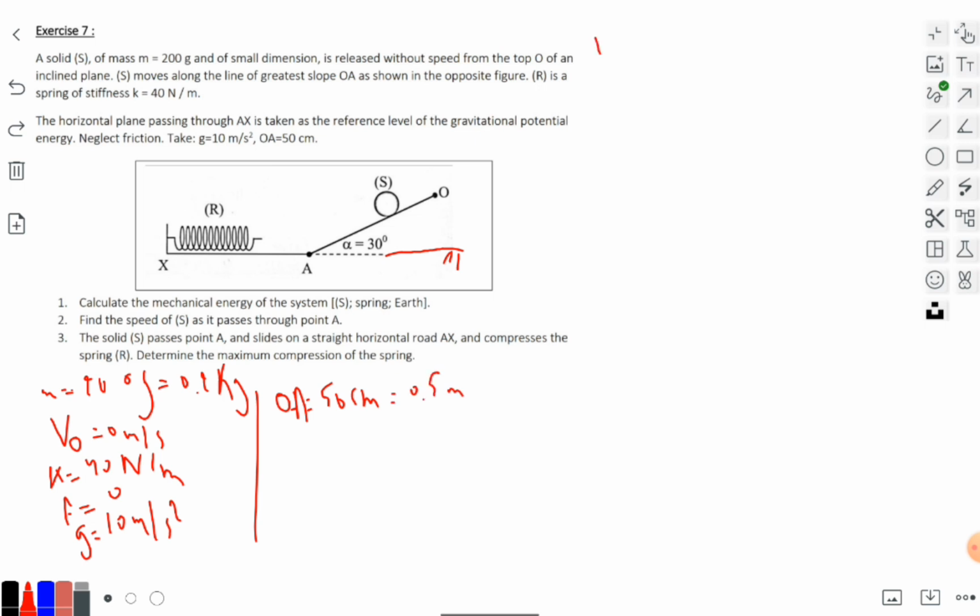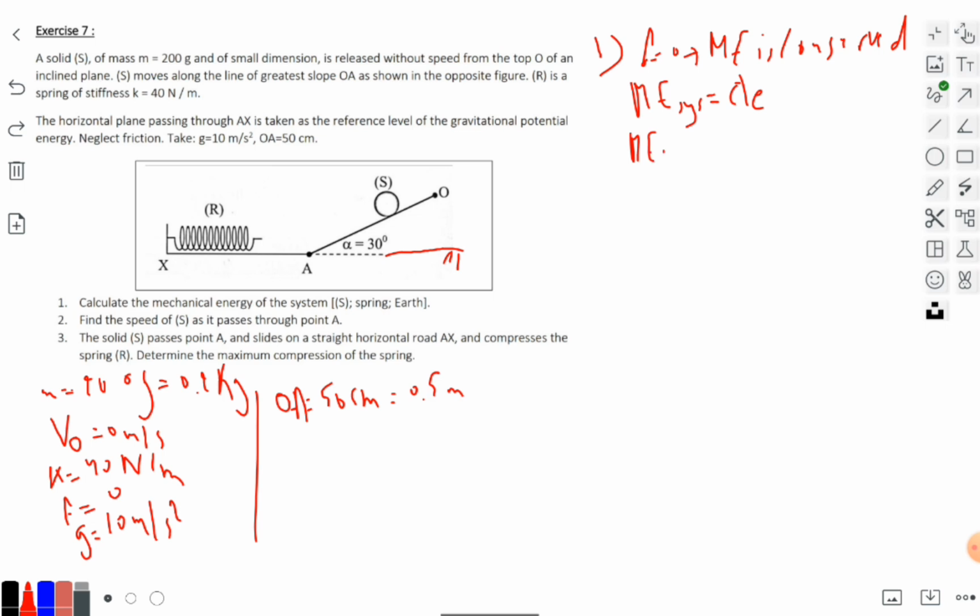Part 1. Calculate the mechanical energy of the system spring, earth. Friction equal to 0, so mechanical energy is conserved. Then ME of system is constant.